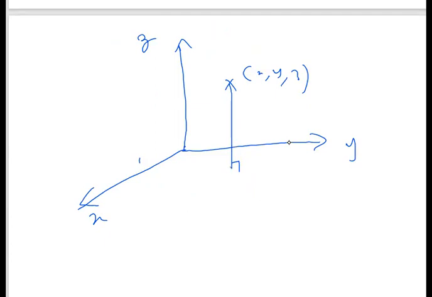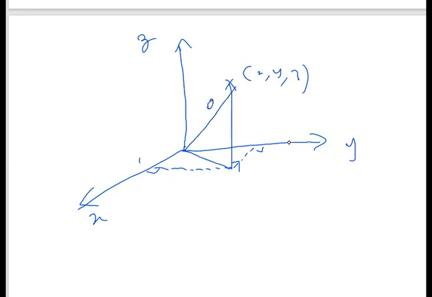I drop another perpendicular to the x-axis and y-axis from this point. Wait a second, I'm still trying this.